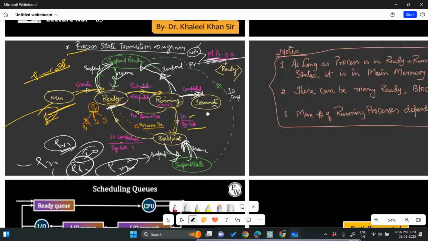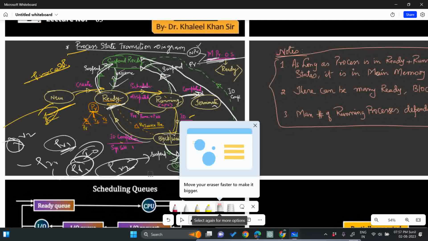Let's say process two completes its IO operation and requires resource one and resource two, but resource one is not available, so it can go to the suspend ready state directly. After getting its resource, it can come to this state. Now this is how it works.